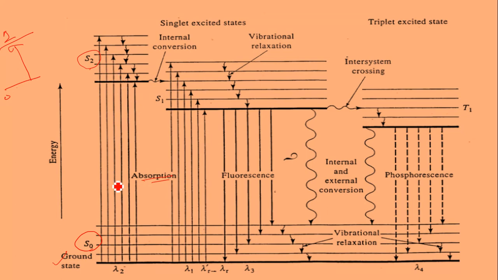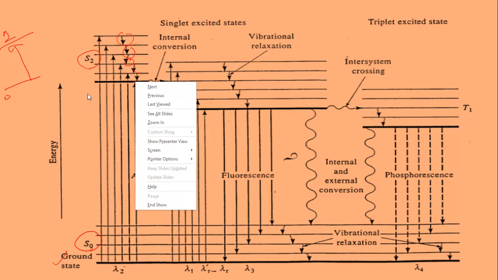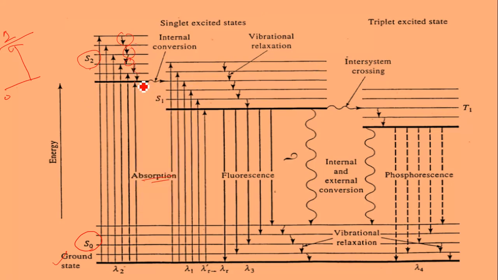After this, it falls to the S2 state, which is the excited state. In between there is a vibrational level. Then it falls back to the higher excited state, ground state. Remember this word: higher excited state, ground state.